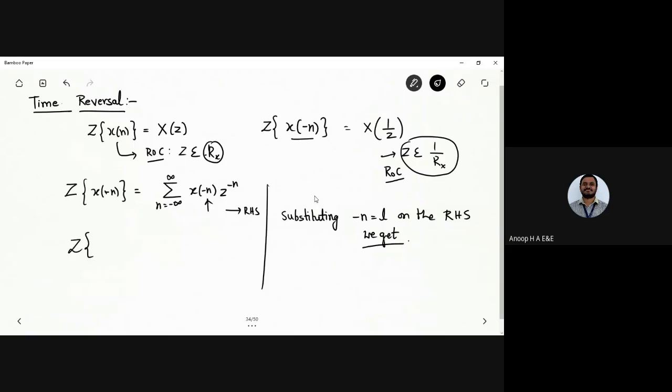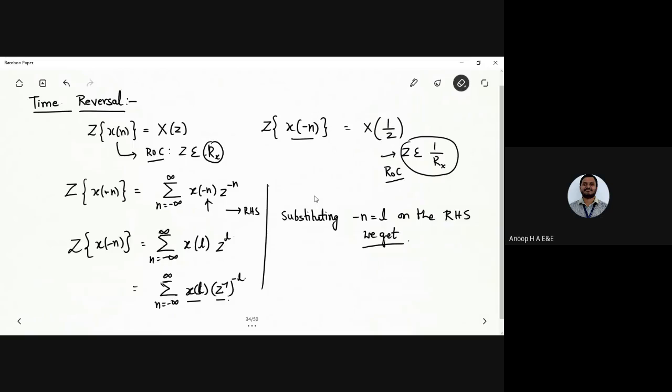Okay, so the z transform of x of minus n is sigma n equals minus infinity to plus infinity x of L, so minus n is L, so z power L. What I can do here is write z power L like this also: x of L z power minus 1 whole power minus L. I think I have to replace the summation here also with a new variable.